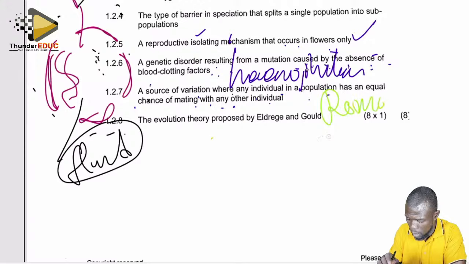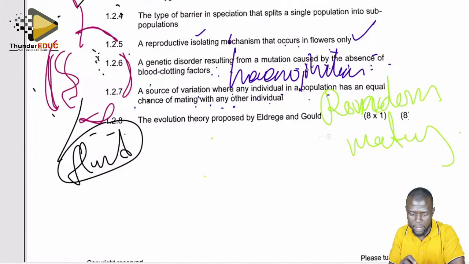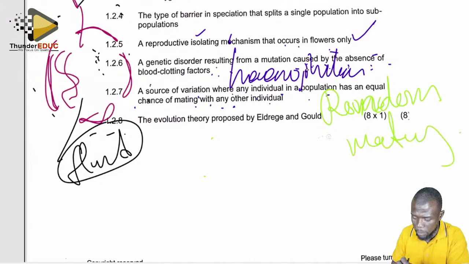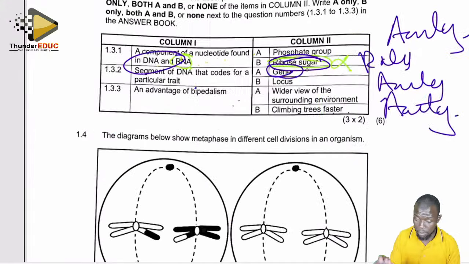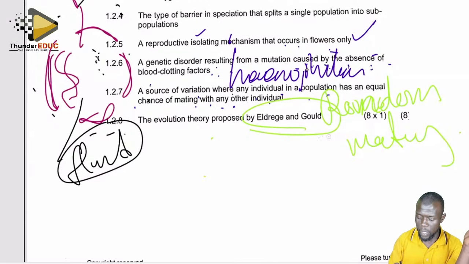We call it random mating. Then the evolution theory proposed by, remember that you must always say A only, B only, or A and B. Rapid periods of change alternating with one another. So it is the punctuated equilibrium.